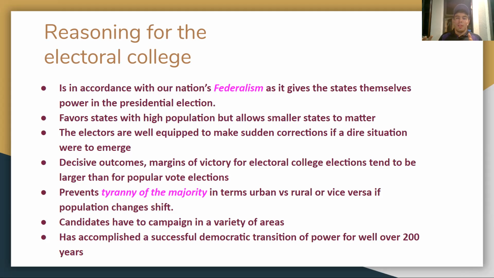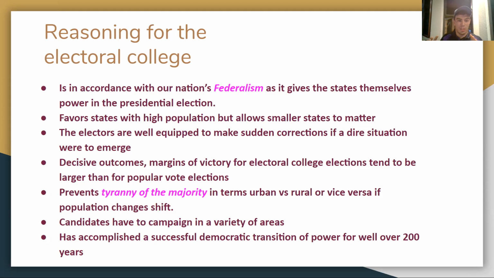So the Electoral College, of course, allows state power to have some effect on the federal government. The president's part of the federal government. The states have some power over him in that they help select him. So it's in accordance with our governing system of federalism.